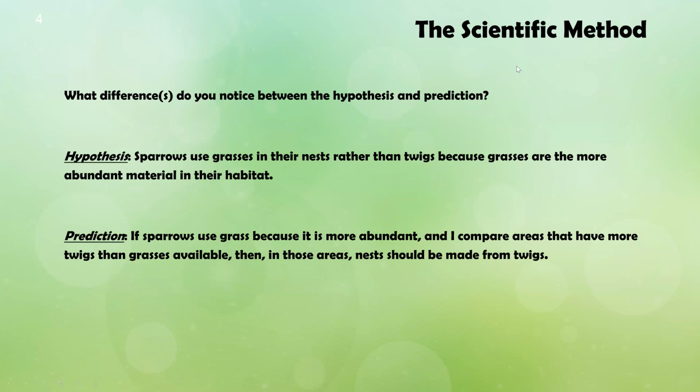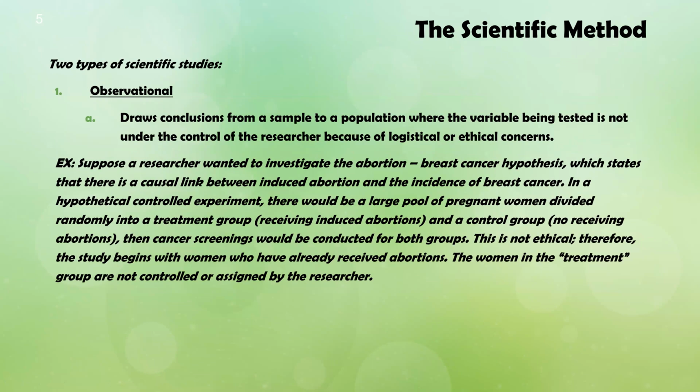So let's move on here. There are two types of scientific studies, observational and experimental. So observational is what people do in health studies, but also what researchers like myself do in natural areas.